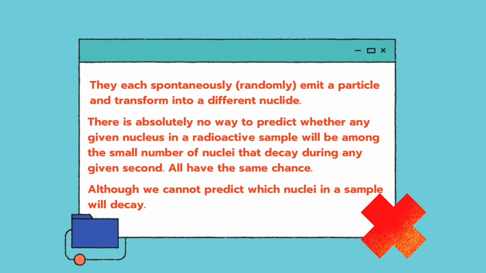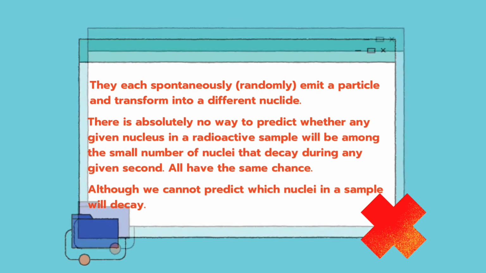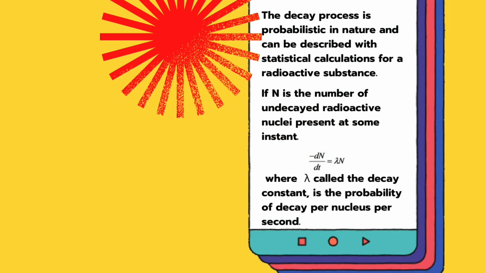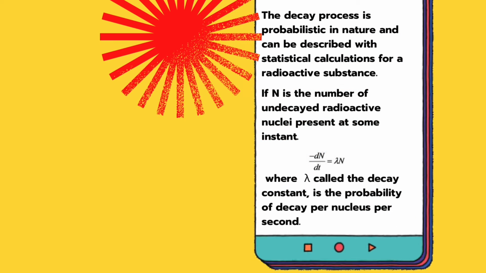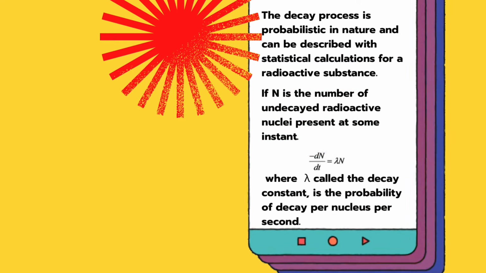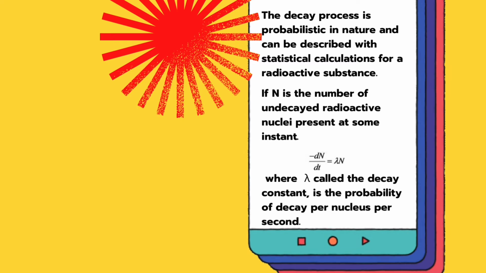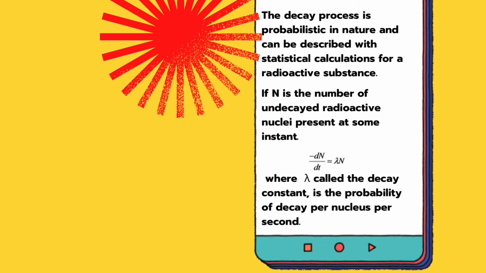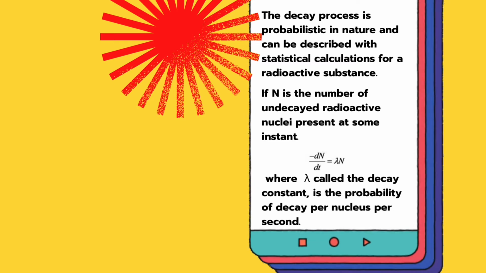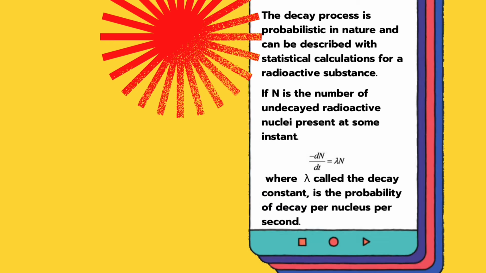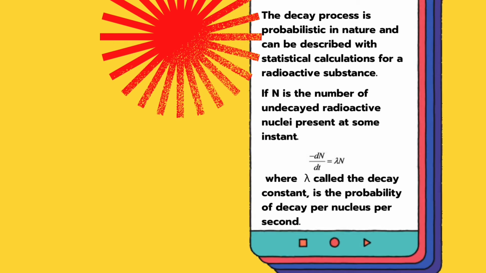Although we cannot predict which nuclei in a sample will decay, the decay process is probabilistic in nature and can be described with statistical calculation for a radioactive substance. If N is the number of undecayed radioactive nuclei present at some instant, then lambda, called the decay constant, is the probability of decay per nucleus per second.